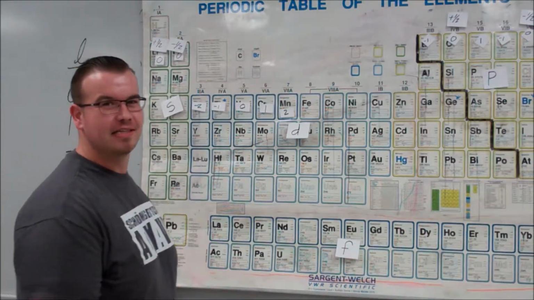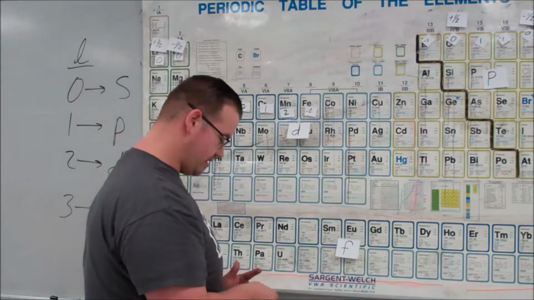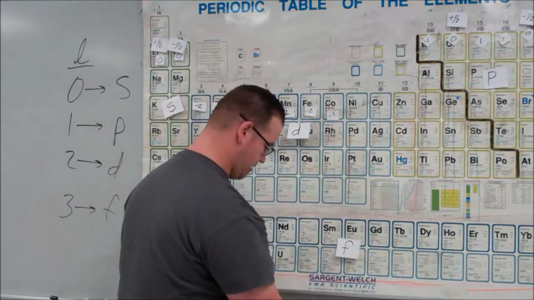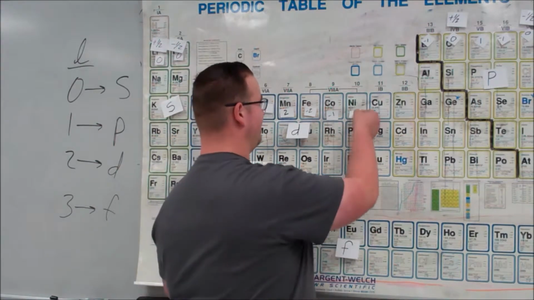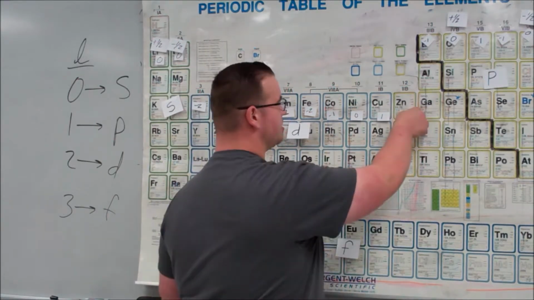So, starting back in the D block. Repeating again, your orientations: -2, -1, 0, 1 and 2.